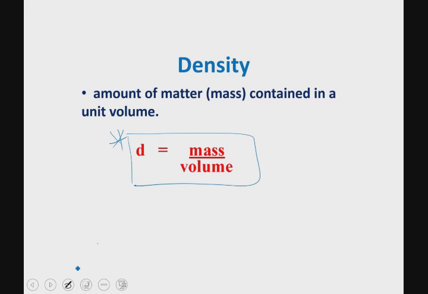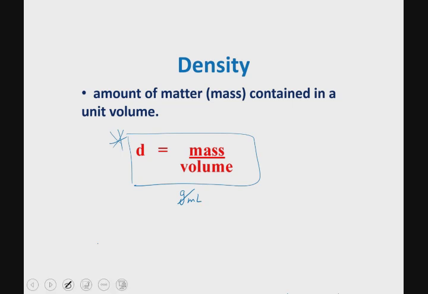If density is equal to mass divided by volume, what would be an appropriate unit to express density in? Absolutely. Any unit of density that has a valid unit of mass divided by a valid unit of volume would be a valid unit of density, such as grams per ml. Grams expresses mass, ml expresses volume, and therefore grams per ml expresses density.